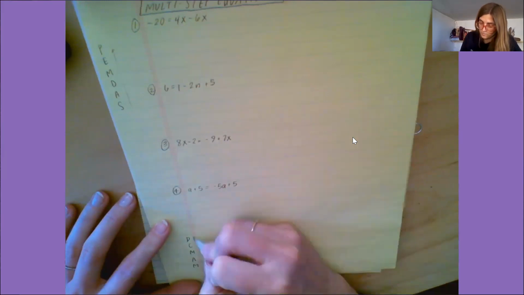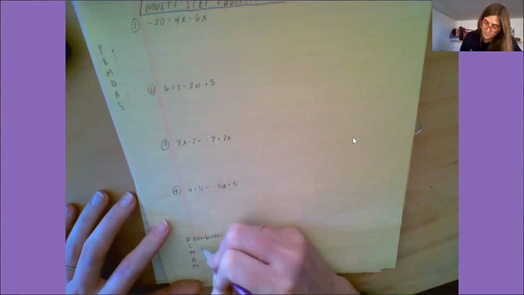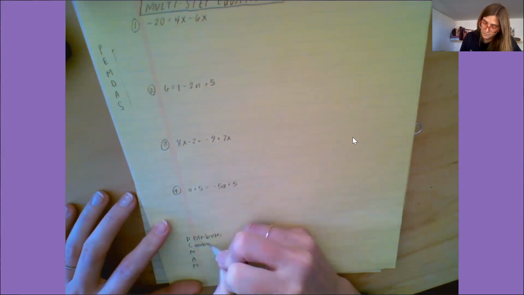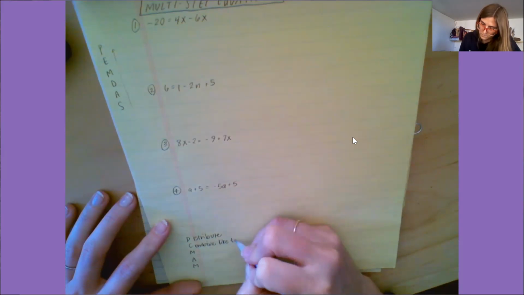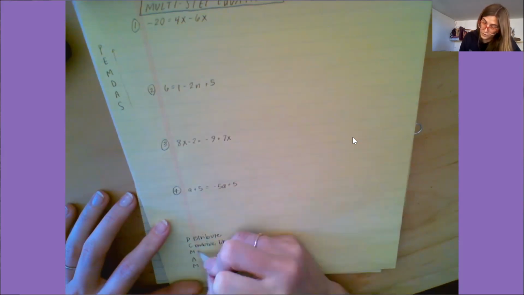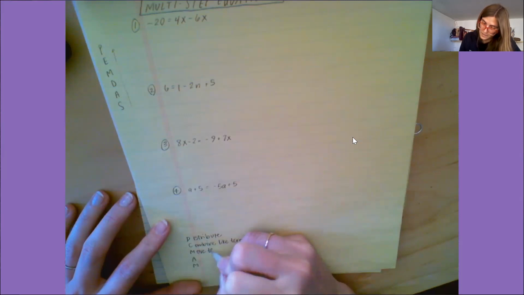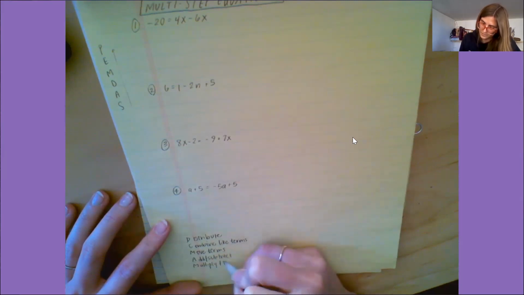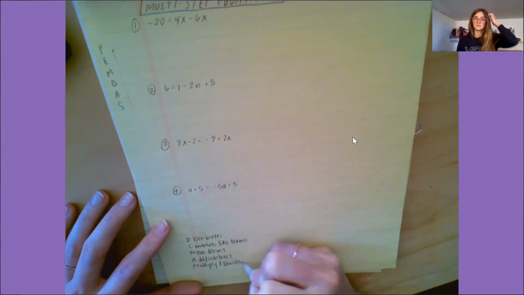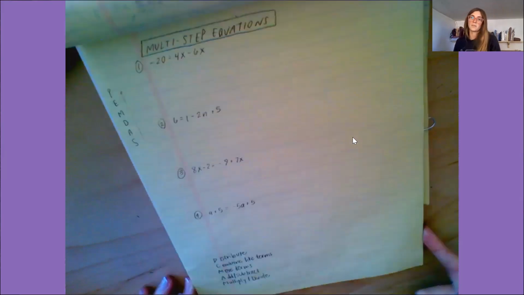Distribute, combine like terms, move the terms around, add and subtract, multiply, and divide.